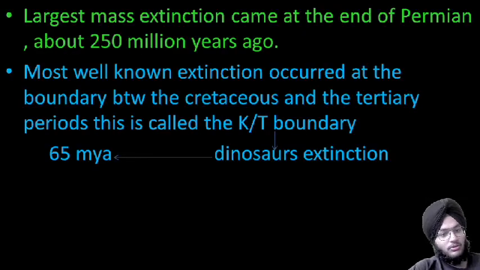The largest mass extinction came at the end of the Permian, about 250 million years ago, and the most well-known extinction happened at the KT boundary, that is the boundary between the Cretaceous and the Tertiary period. This was the dinosaurs' extinction which happened around 65 million years ago.